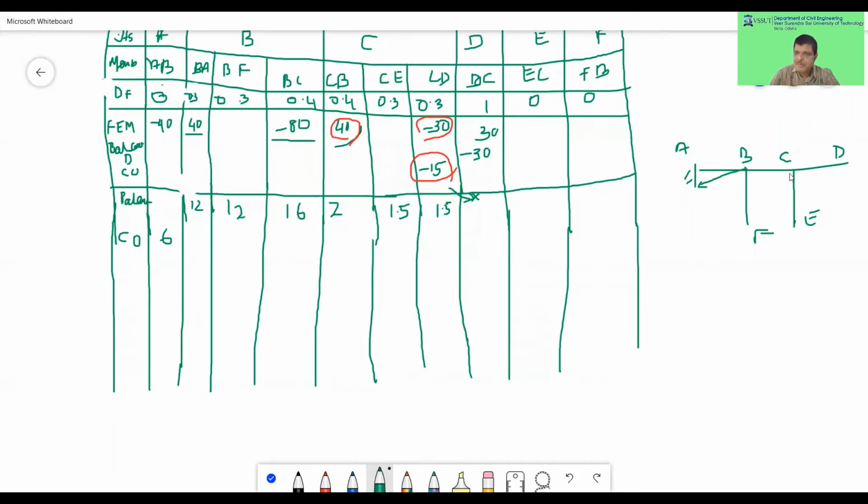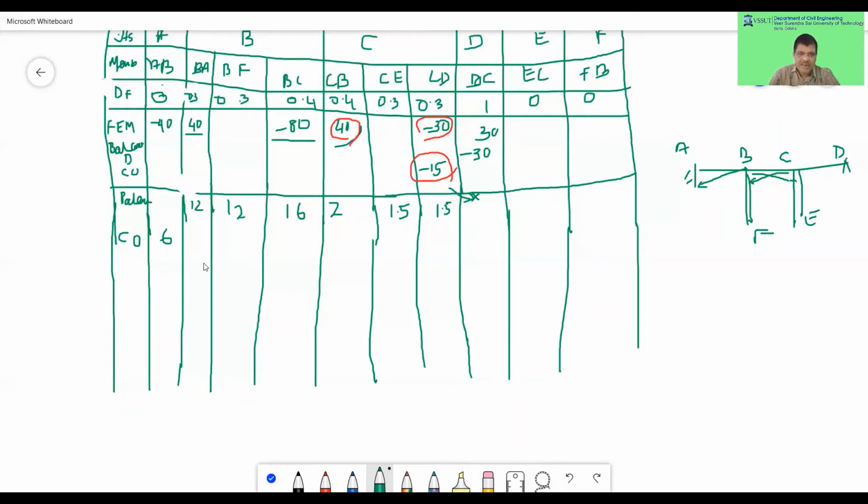From CB it will come to BC. From BC it will go to here. From BF it will come to FB. From C it will come to EC. And there is no moment going to the D side because it is already 0.